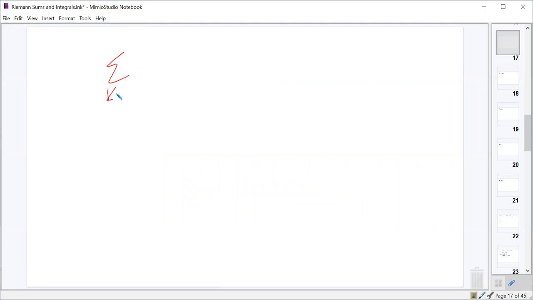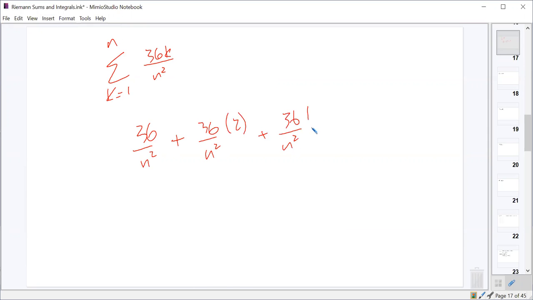The sum from k equals 1 to n of 36k over n squared. That's like doing 36 over n squared plus 36 over n squared times 2 plus 36 over n squared times 3, all the way up to 36 over n squared times n.